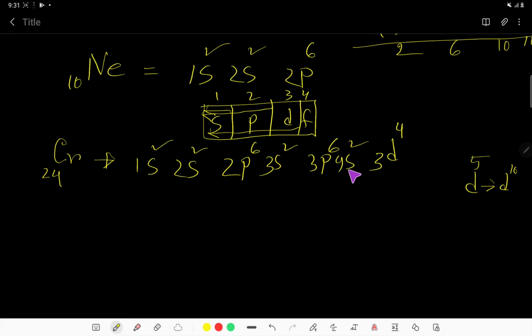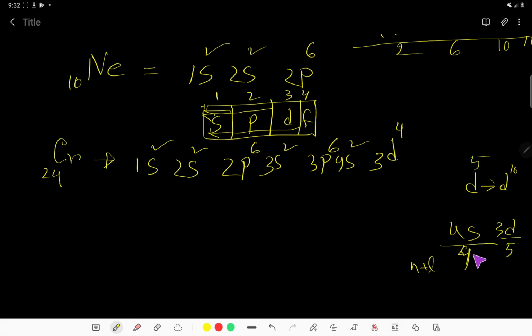the energy of 4s and 3d, if you find the energy by the n plus l value: 4 plus 0, that is 4, and 3 plus 2, that is 5.